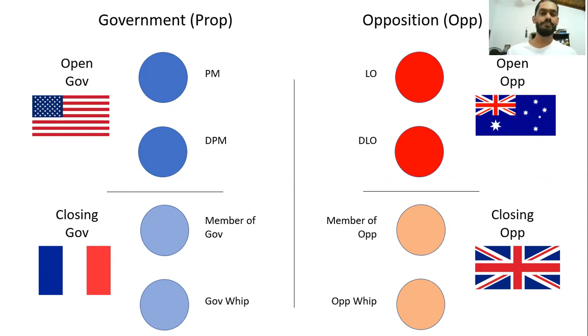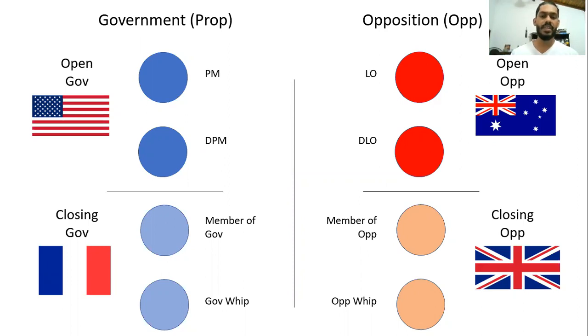And judges should keep track of which POI was asked by which team. Because imagine something like this. When the leader of opposition speaks, the government whip asks a POI, and the leader of opposition answers that.